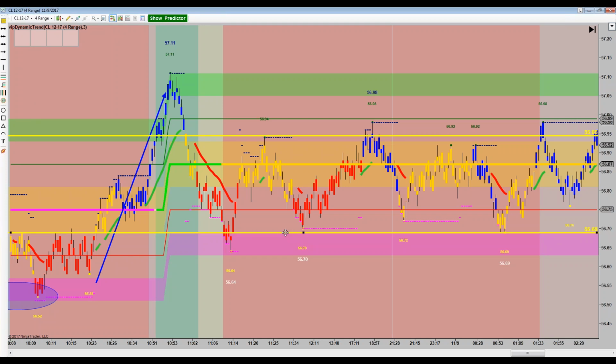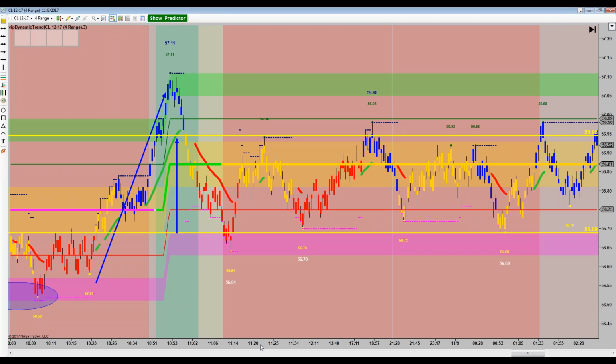And we could say to ourselves that as long as the market remains within the confines of these two lines, that we are in a range. Right? We're in a range. We're stuck in a range.